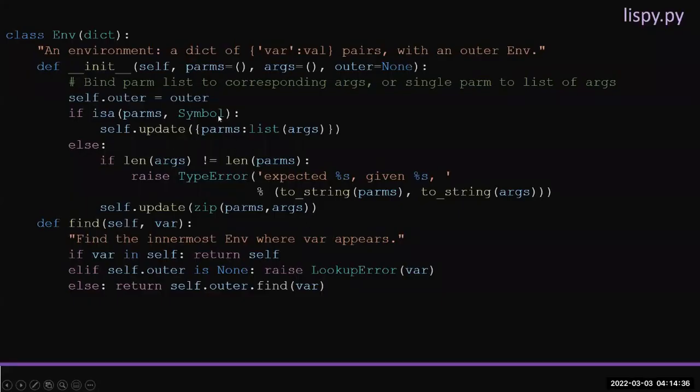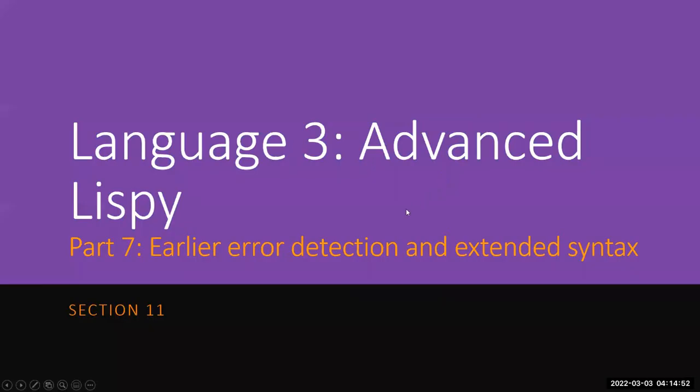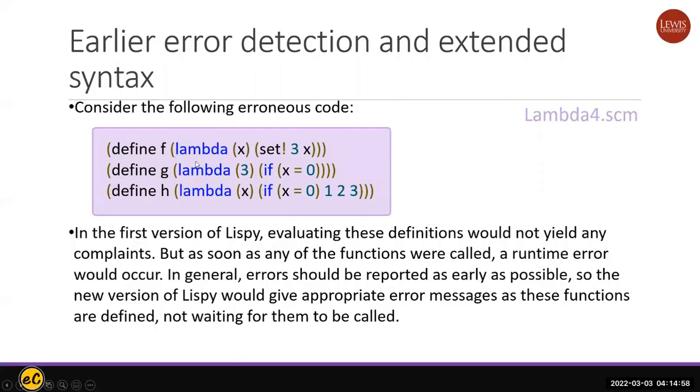So you get the argument and use the argument list to create the parameters, so that would be an arbitrarily long list of arguments. And we have early error detection and extended syntax. So consider this different error code. In the first version of Lisp, evaluating this definition will not yield any complaint.